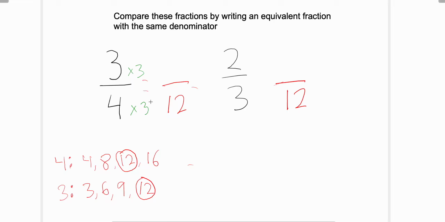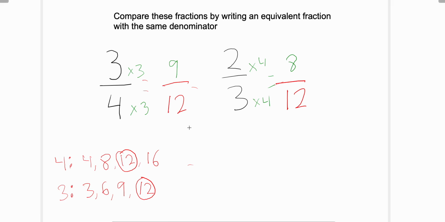Okay, so here I have 12. So 3 times 3, all right, that's going to be 9. So here, how do I get 12 here? 3 times what will give me 12? 3 times 4. Whatever I do to my denominator, I have to do to my numerator. All right, 3 times 4, this is equal to 12. 2 times 4 is equal to 8.